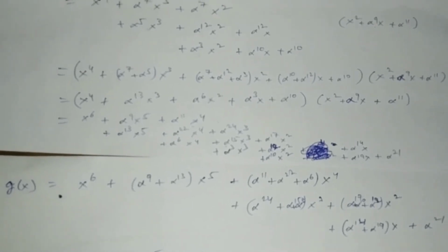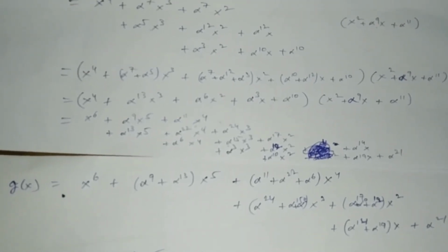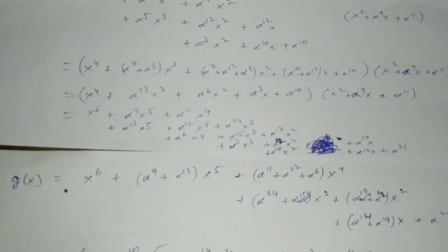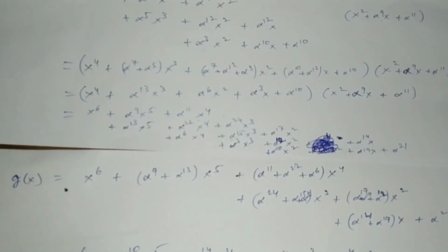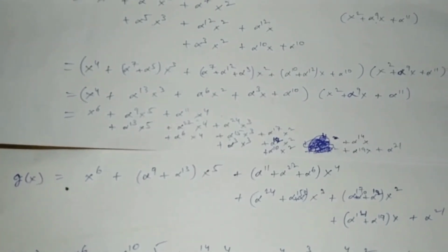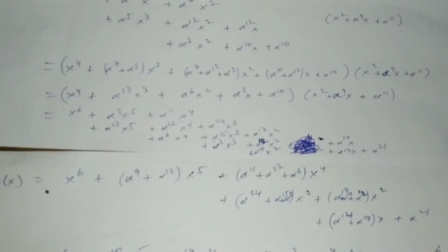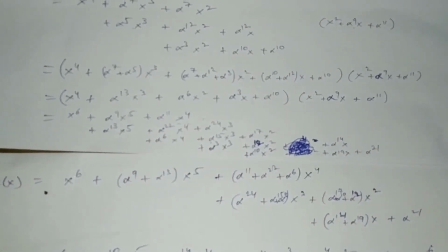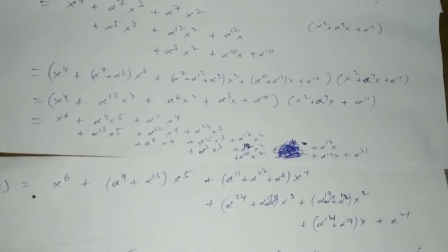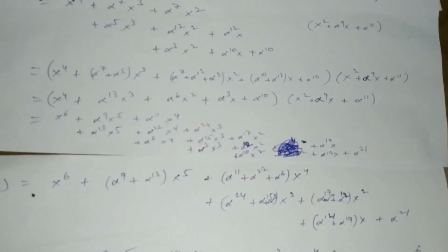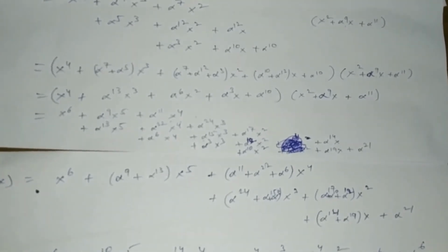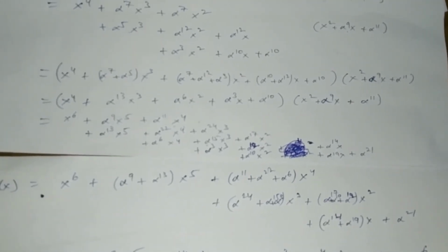Now the generator polynomial can be simplified as x power 6 plus (alpha 9 plus alpha power 13) x power 5 plus (alpha power 11 plus alpha power 22 plus alpha power 6) x power 4 plus (alpha power 24 plus alpha power 15 plus alpha power 10) x cube plus (alpha power 17 plus alpha power 10 plus alpha power 12) x square plus (alpha power 14 plus alpha power 19) x plus alpha power 21.